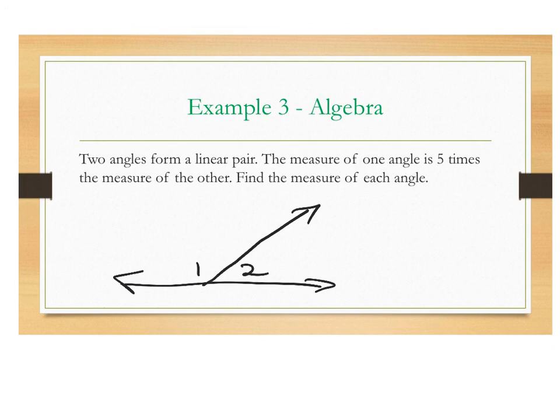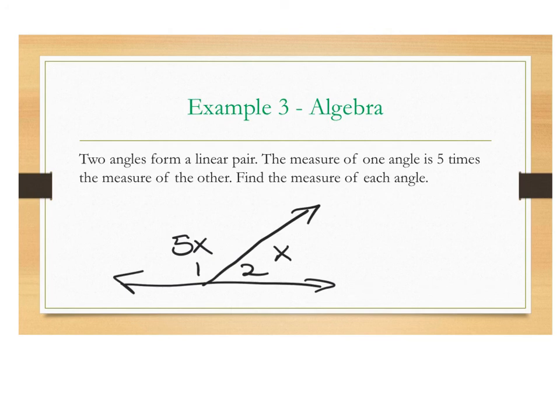It's telling me that the measure of one angle is 5 times the measure of the other. So I could say this one is x and the other one would be 5x, 5 times the other angle. Find the measure of each angle.